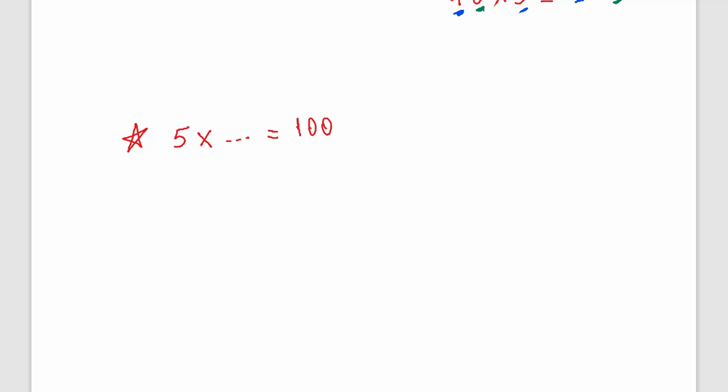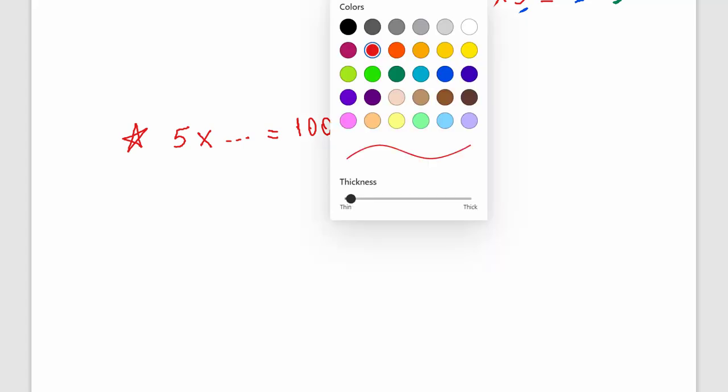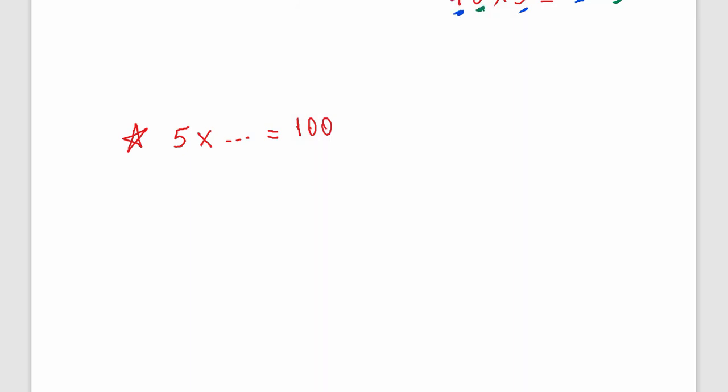Okay, let's start first with Amir. 5 times what gives us 100? It's 20. So why is your answer 20? The reason, go ahead. Because we can say 10 multiplied by 10 equals 100.